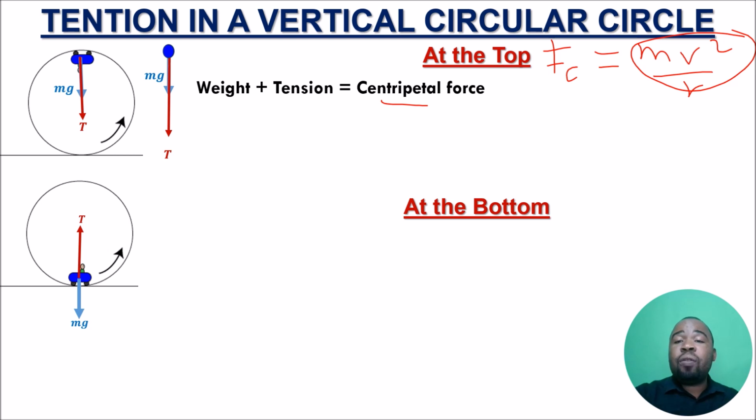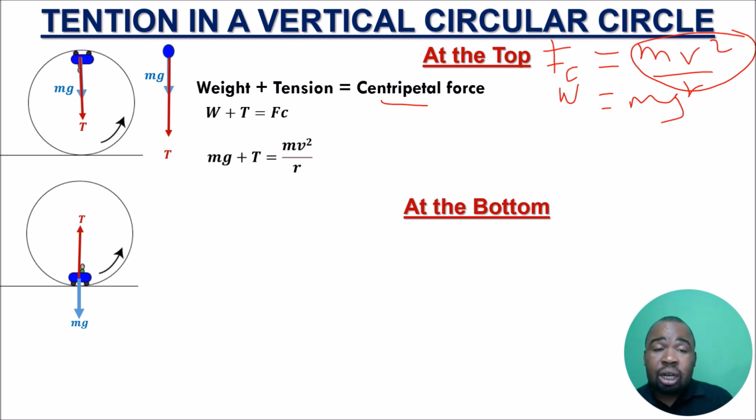And we also know that W is mg. So where there is W, we can safely put mg. Doing those substitutions, we have W for weight plus T for tension is F subscript c. Substitute mg for W and mv squared divided by r for centripetal force.